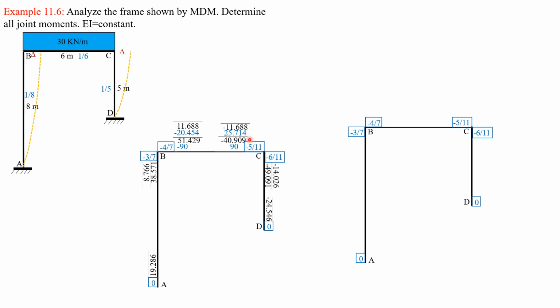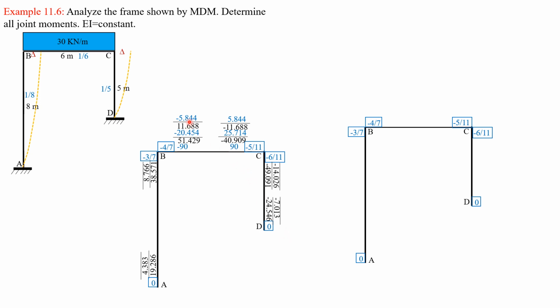Then 25.714 times negative 6 over 11, negative 14.026, lock partially. So again, the procedure: half of 8.766, 4.383, lock partially, half of negative 11.688, negative 5.844, half of 11.688, 5.844, half of negative 14.026 here, negative 7.013.